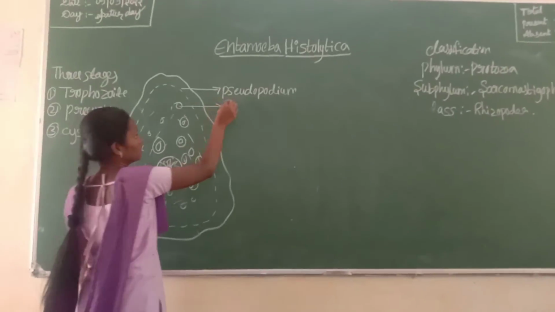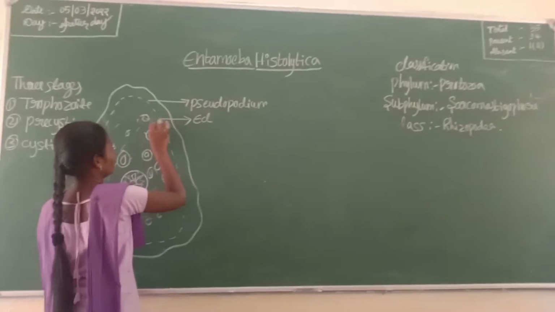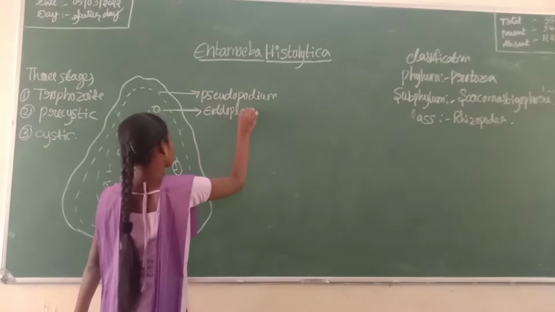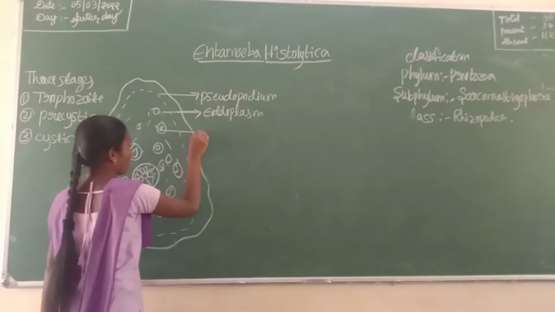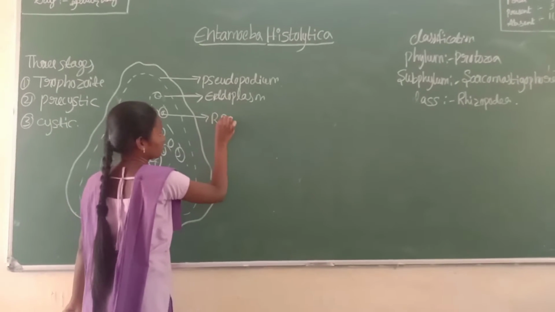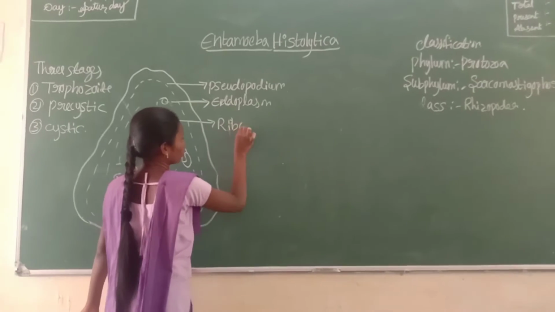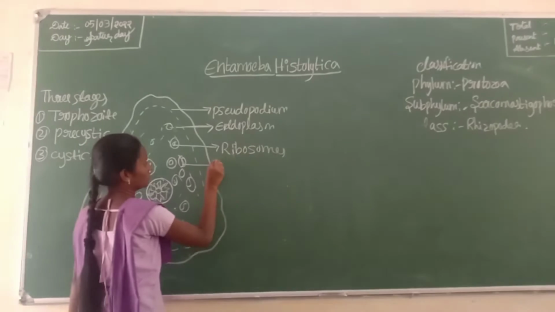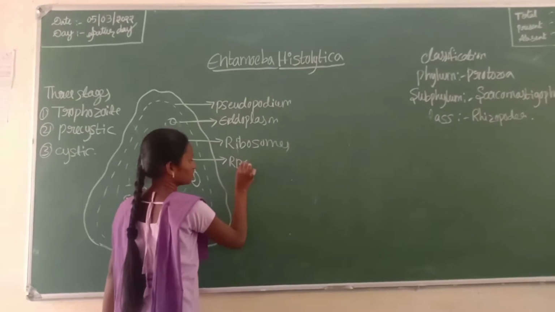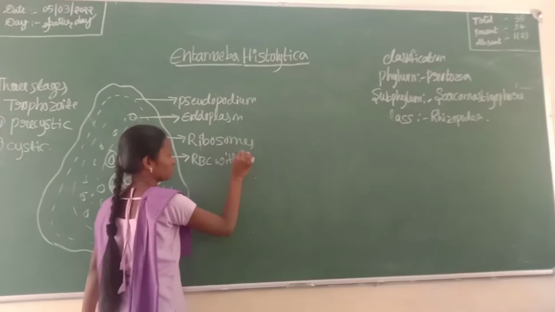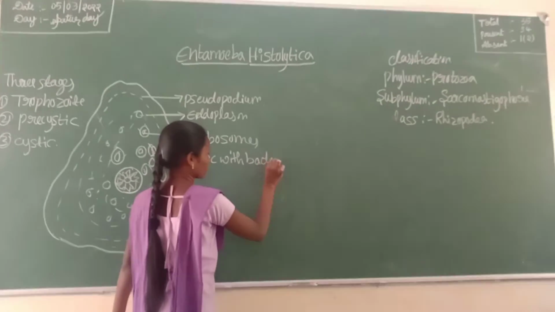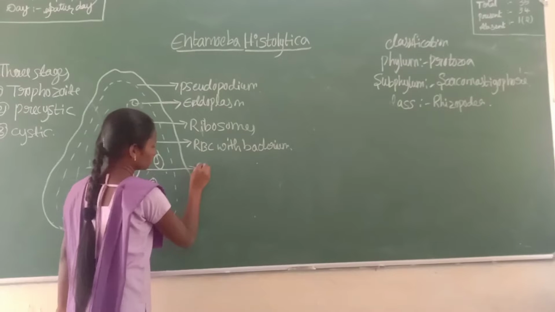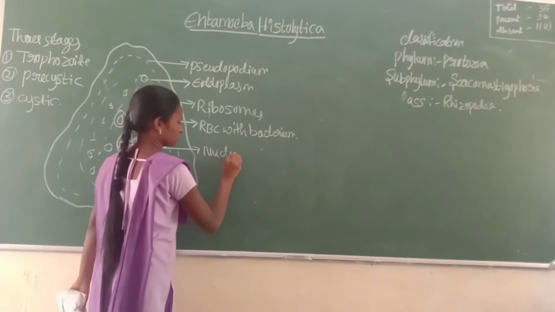This is the ectoplasm, and the endoplasm. RBCs with bacteria, ribosomes. This is the nucleolus.